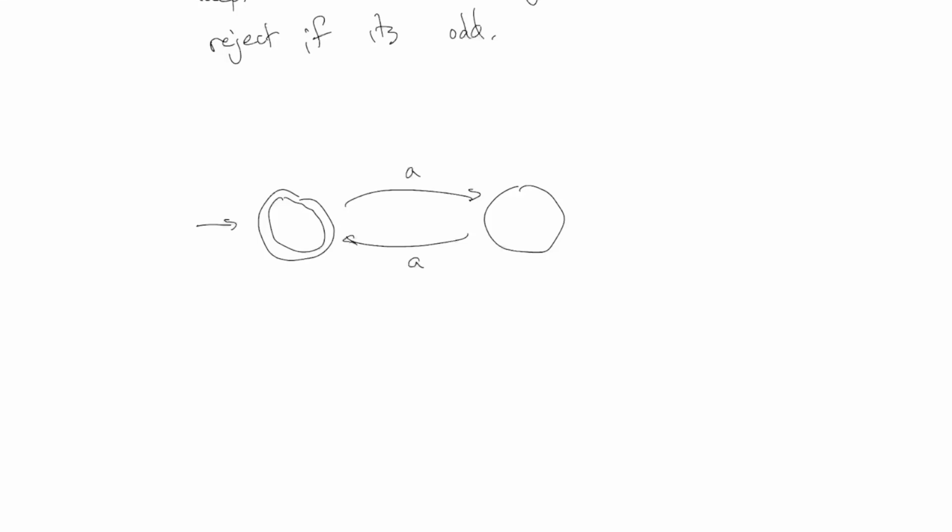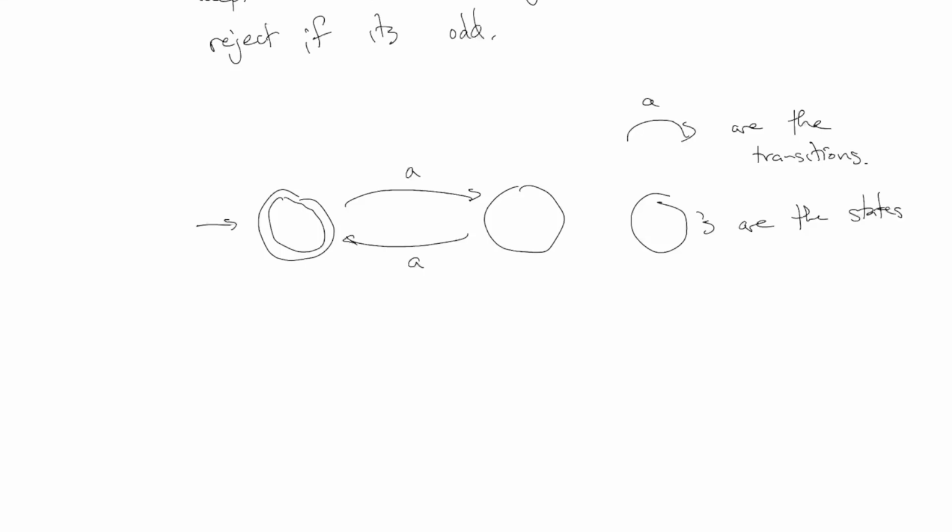I will tell you. So first of all, these arrows with an A are called the transitions. The circles are called states. I said deterministic finite automata.